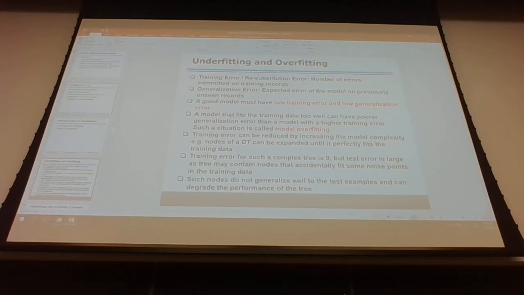But there is a sweet spot. If you have too simple a machine, the generalization error is more. If you have too complex a machine, the generalization error is more.